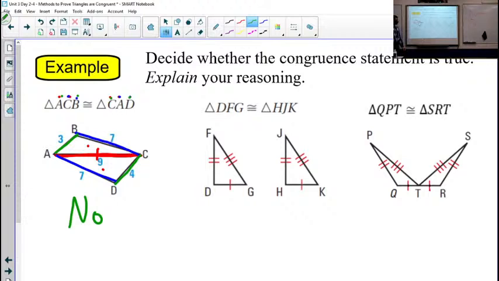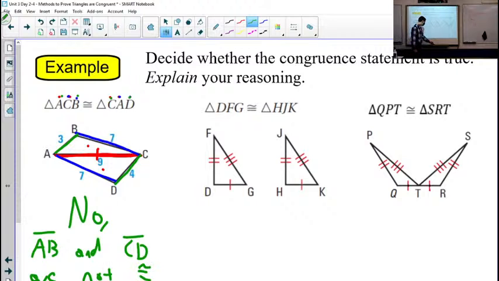They aren't. And we're asked to explain, and the reason these aren't congruent is because segment A to B and segment C to D are not congruent. So I'm missing a pair of sides measuring the same.